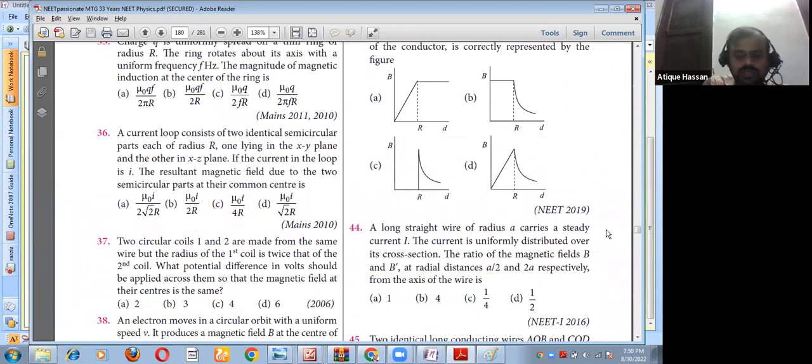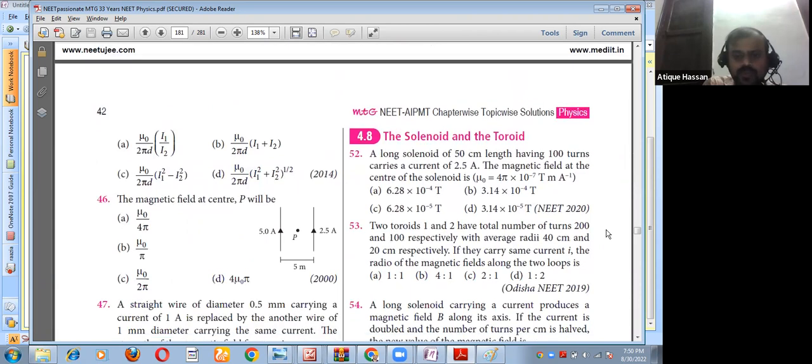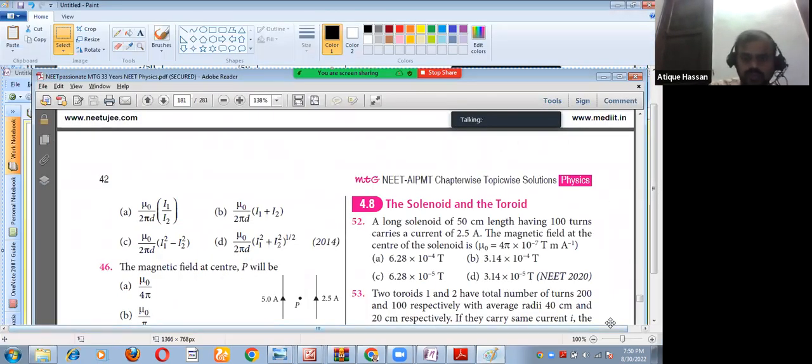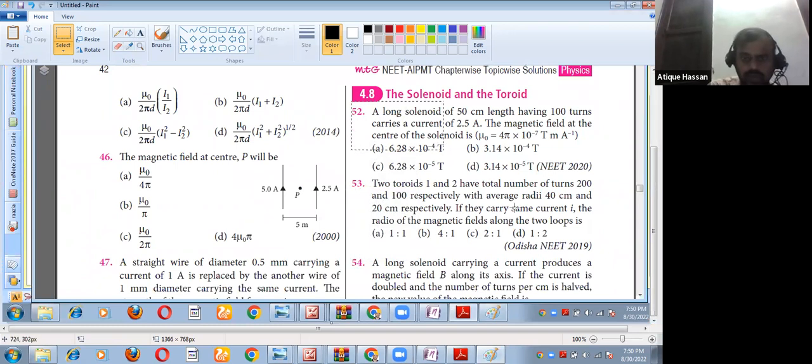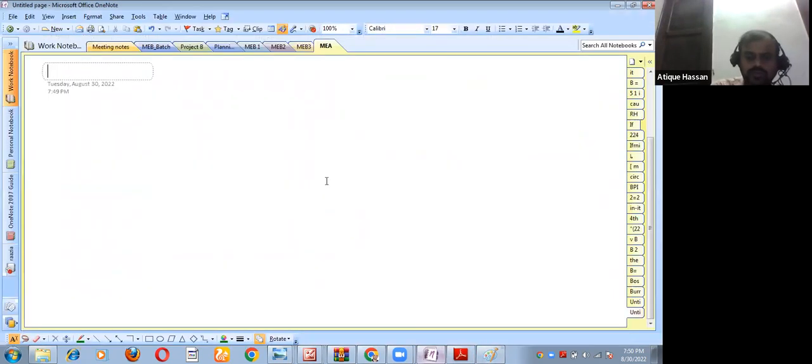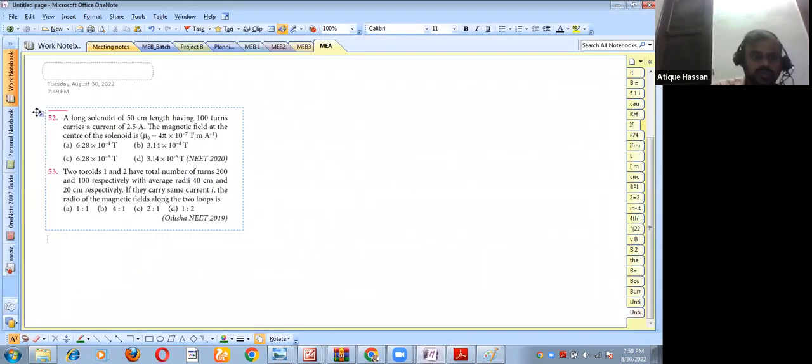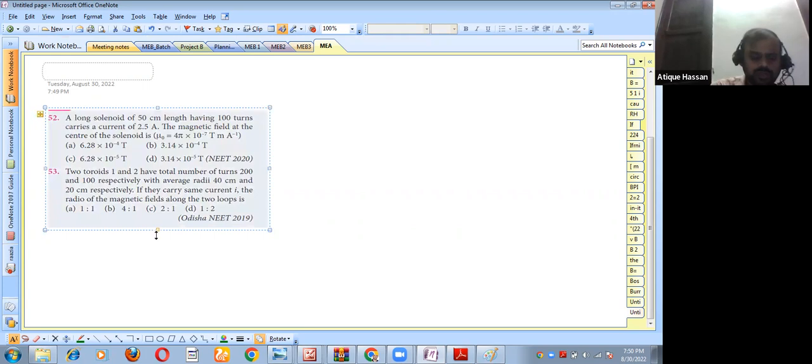So let us do some questions of solenoid and toroid. Let us do question number 52. Solve questions number 52 and 53. Solve both the questions, very easy, directly based on the formula. So do both these questions.